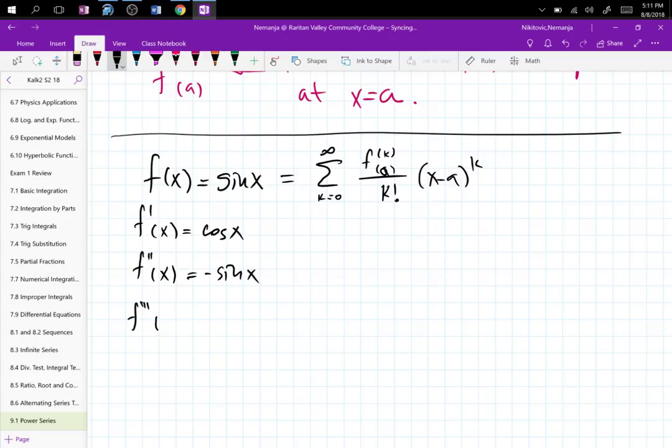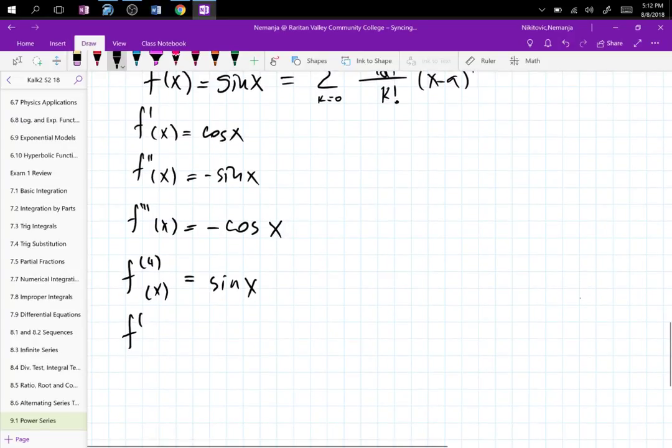F triple prime of x is negative cosine x. And now the notation switches to the parenthesis. So the fourth derivative of f of x is going to be sine x. Let's do one more and then say, okay, it's enough. So the fifth derivative will be cosine x.